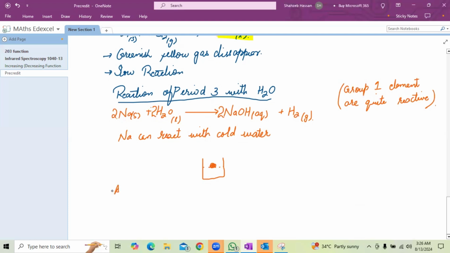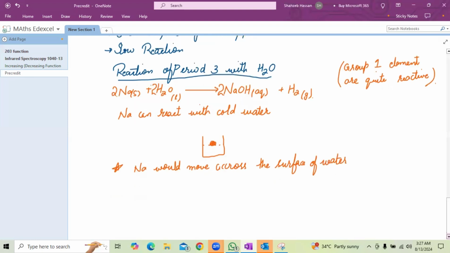So let's write some points related to it. Sodium would move across the surface of water. And then what is going to happen?